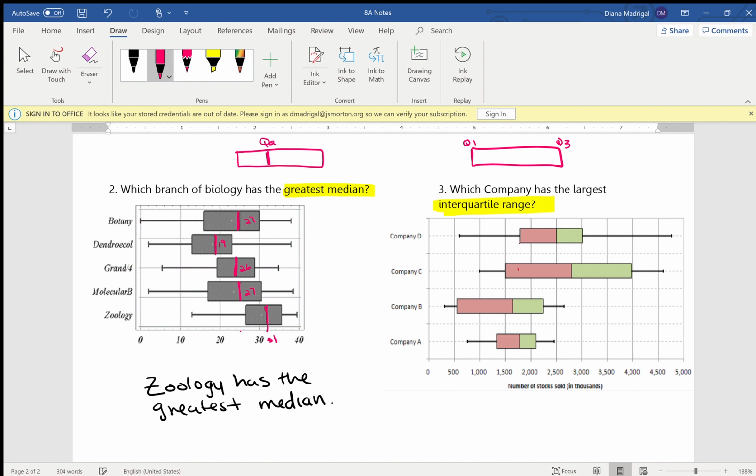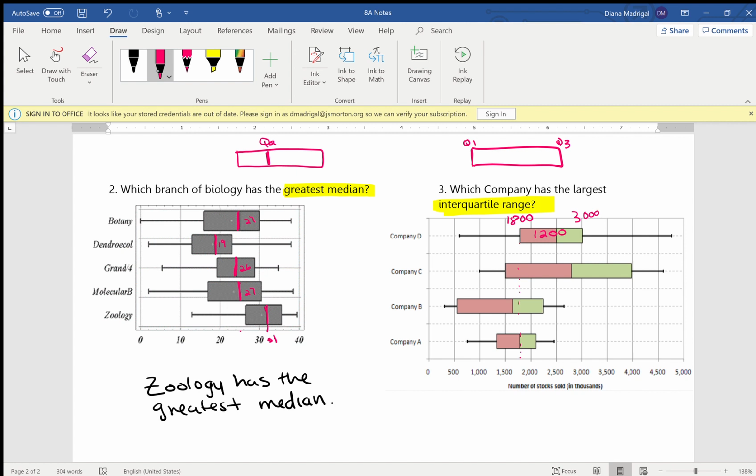This one looks like it starts around 1,800 and it ends at 3,000. To find the range for that, all you have to do is subtract quartile 3 minus quartile 1. So it's about 1,200. That's my interquartile range, okay?